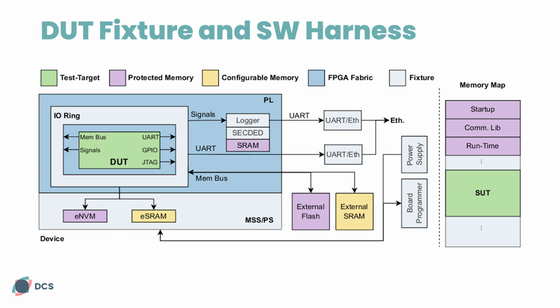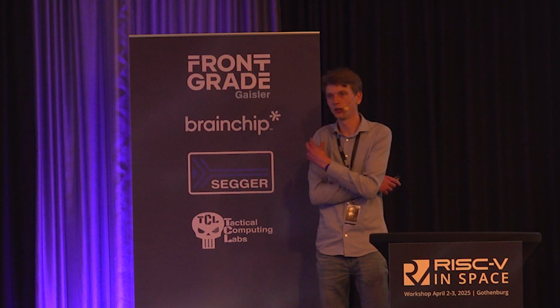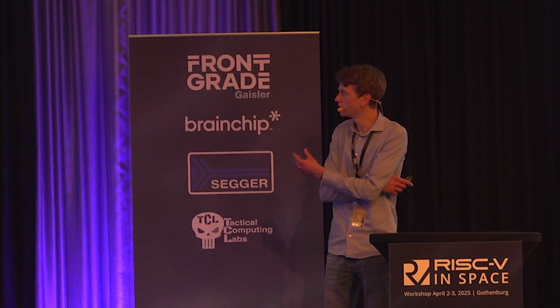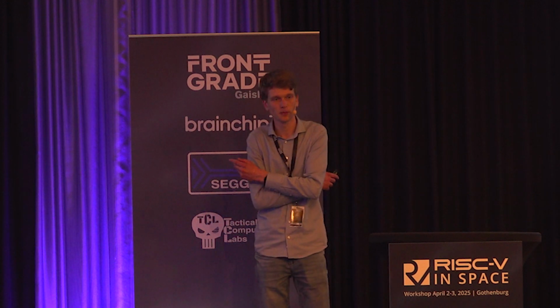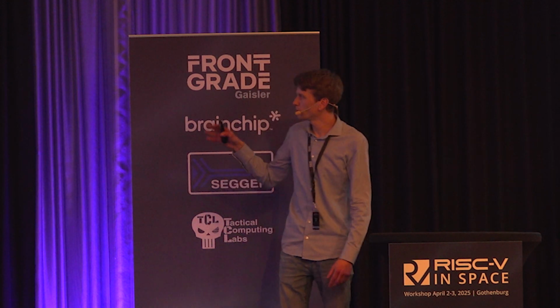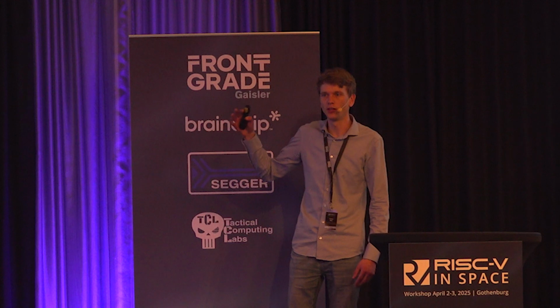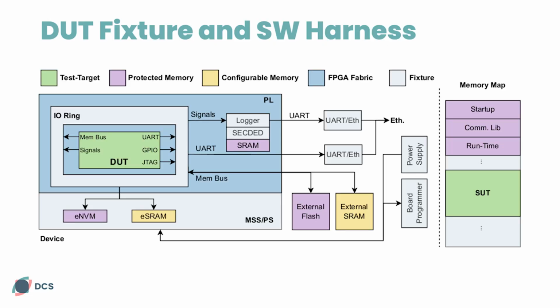During our tests, we make use of a fixture, and on the left side you see the device under test in the green blocks, which is surrounded by a lot of supporting hardware. And this is also where our fault injection comes in, and the fact that we are using flash-based FPGAs, because we don't want to observe any upset in the configuration memory of our FPGAs.